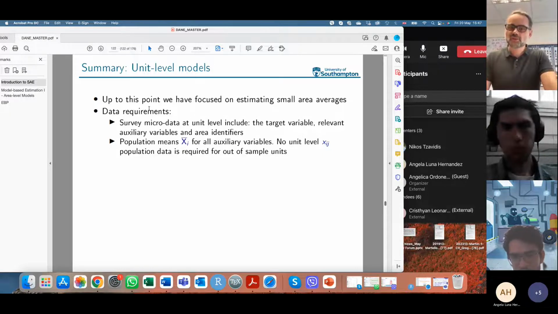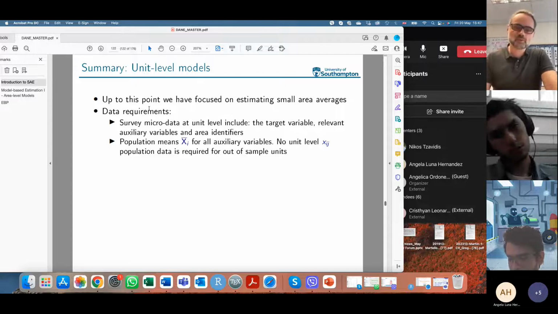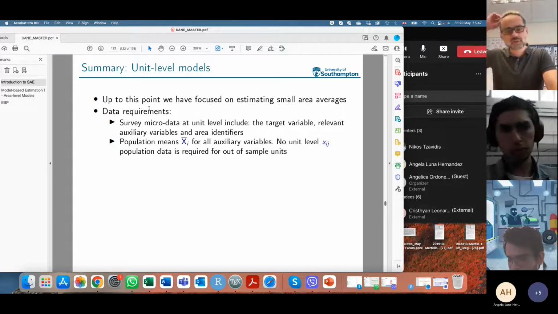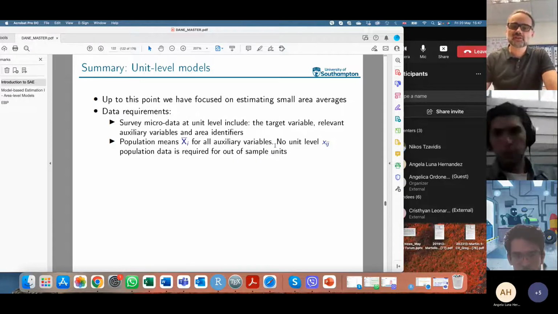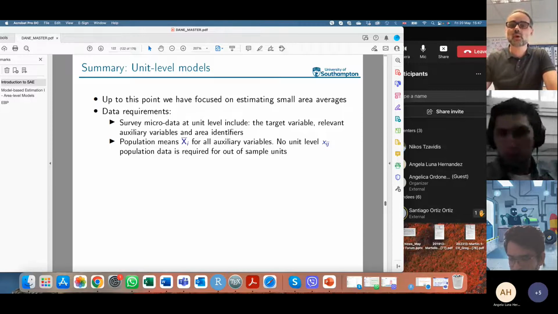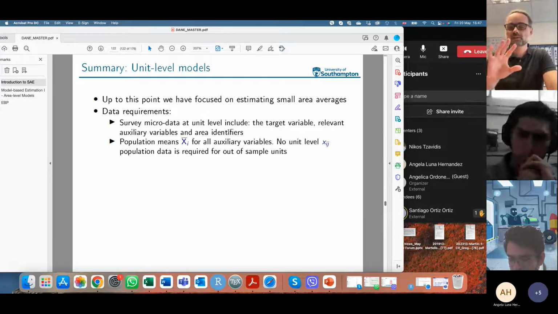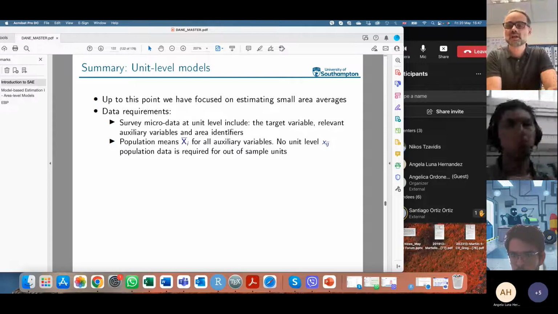So you need to be mindful of the definitions of the X's, both in the survey and in the census or administrative data. As we said, no unit level X's for the population are required at this point. The only microdata for X's that you need are the ones coming from your survey.